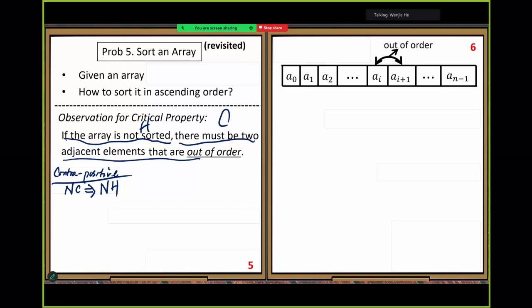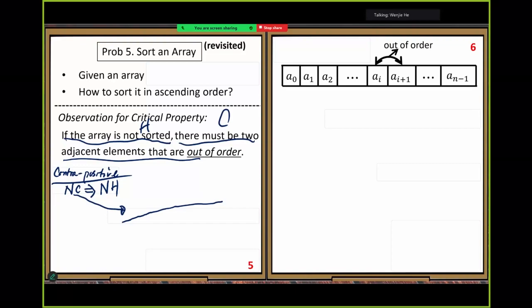Think about it. If all of the adjacent elements are in ascending order, take the first pair ascending, the second pair ascending, all the way to the end, and you connect all of them.